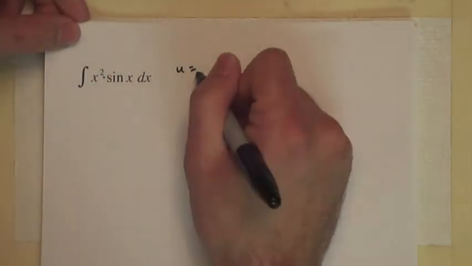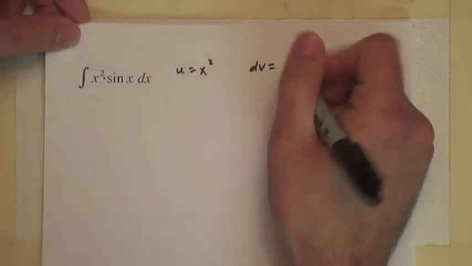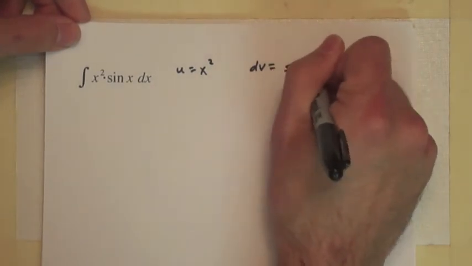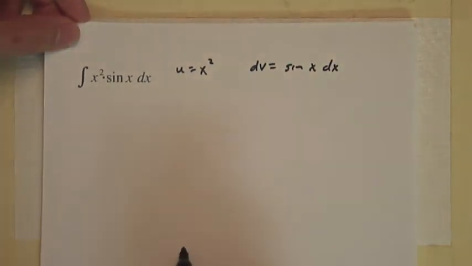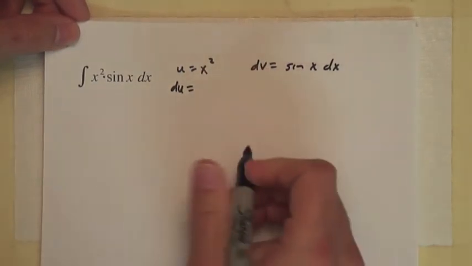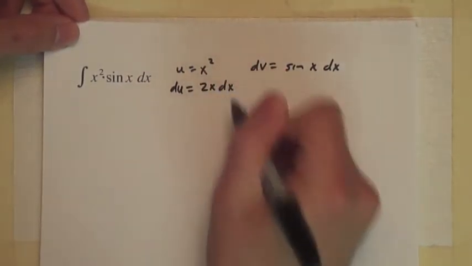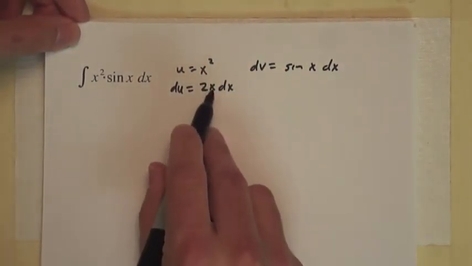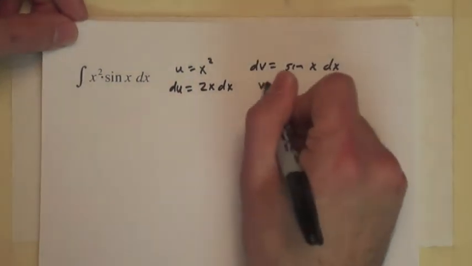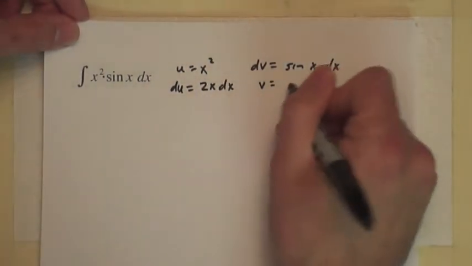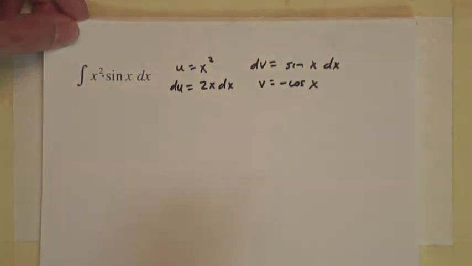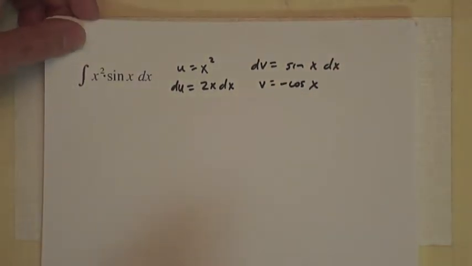The right choice is for u to be x squared, and for dv to be sine x dx. That way, the derivative of u becomes better. It's a lower degree polynomial with no squares in it. And the antiderivative of sine x, negative cosine x, is not really any worse.